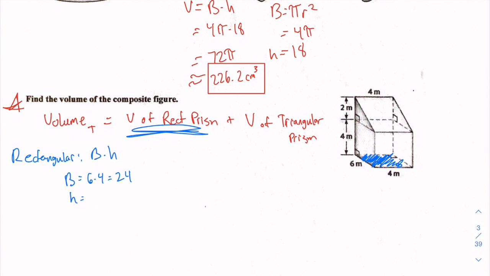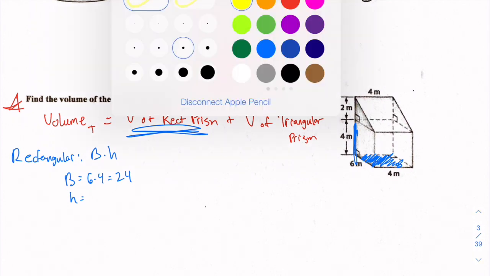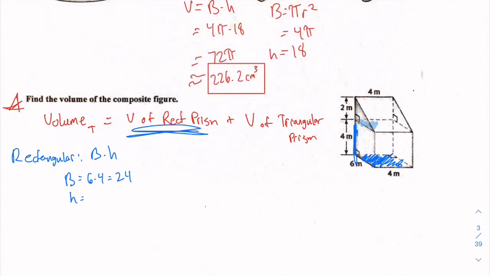The height of this prism is just all the way to here, just all the way to this square here. Okay, that's it. Height is 4. So the volume of the rectangular prism is exactly 96 meters cubed.